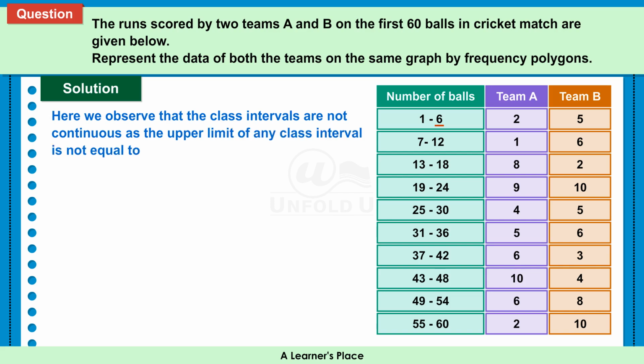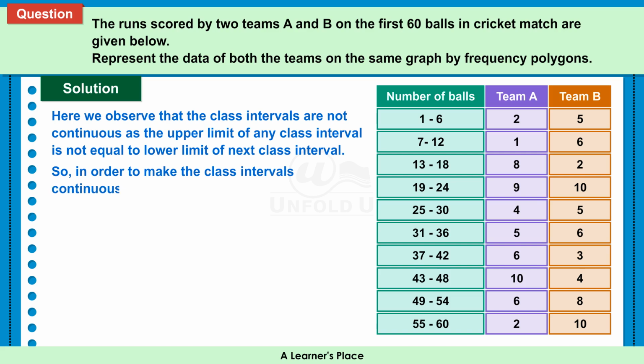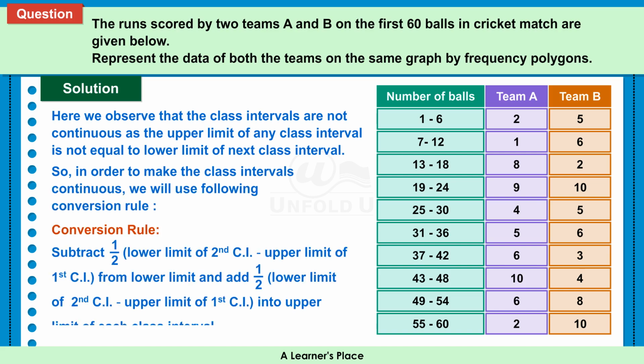Solution: here we observe that the class intervals are not continuous, as the upper limit of any class interval is not equal to the lower limit of the next class interval. So, in order to make the class intervals continuous, we will use the following conversion rule.